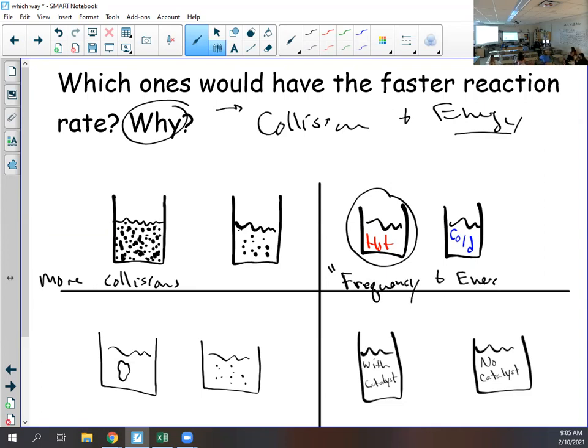Frequency and energy of collisions increases. That's the exact answer from the test. So for temperature, you don't say hotter reacts faster because it's hotter. You say it reacts faster because the frequency and energy of the collisions increases.